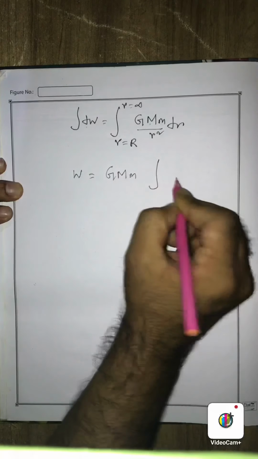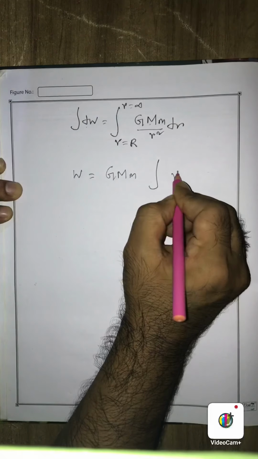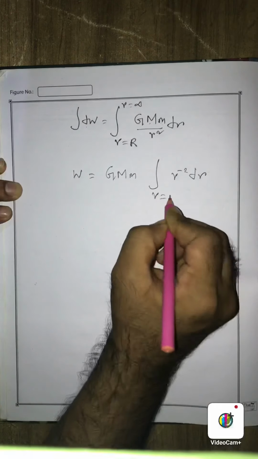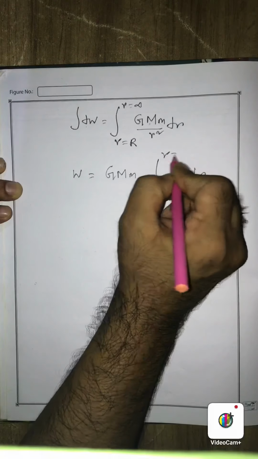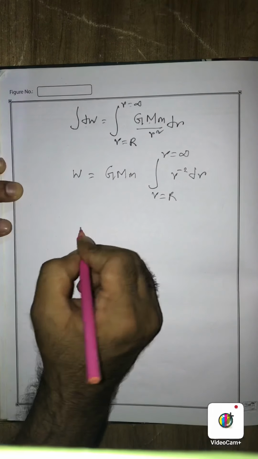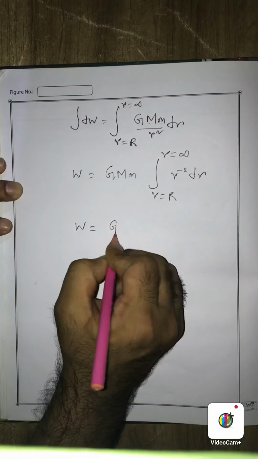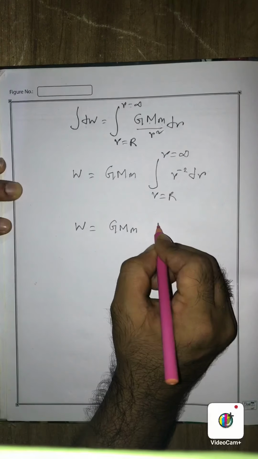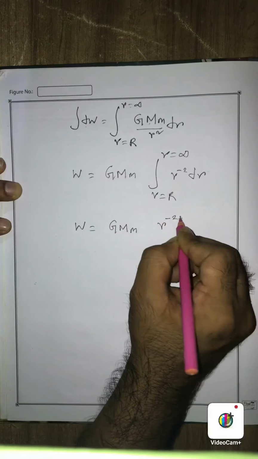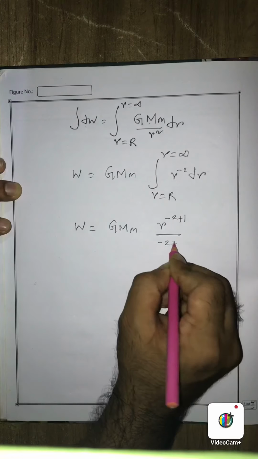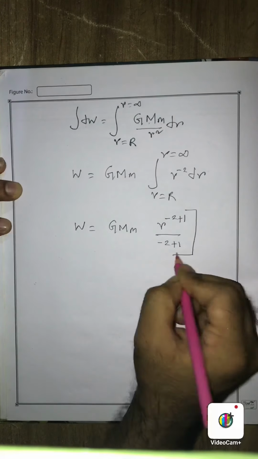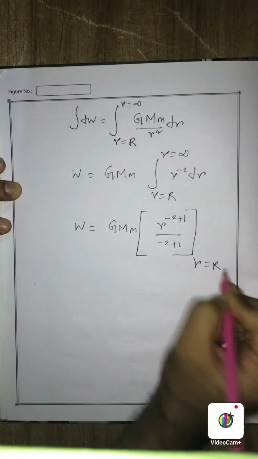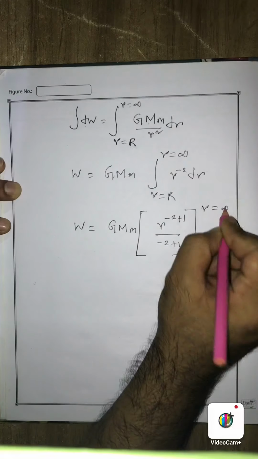Now 1 by r square means r to the power minus 2 dr, from small r equal capital R to small r equal infinity. So G capital M small m times the integration of r to the power minus 2 dr is r to the power minus 2 plus 1 divided by minus 2 plus 1, in third bracket, with the lower limit small r equal capital R and the upper limit small r equal infinity.